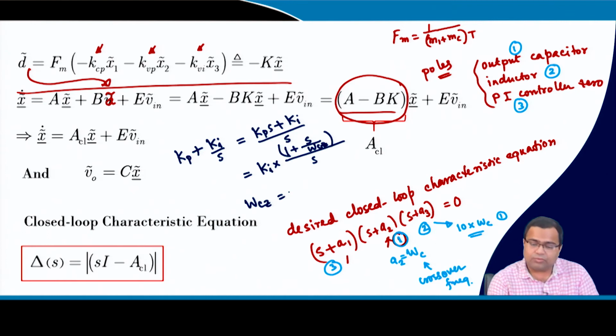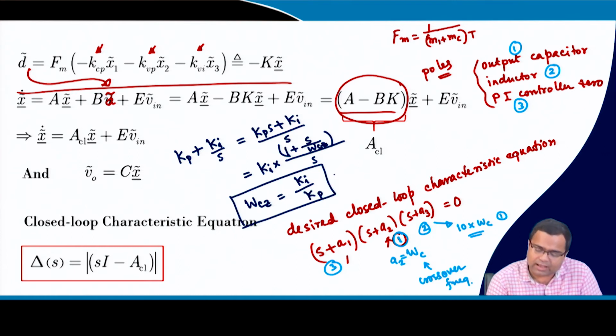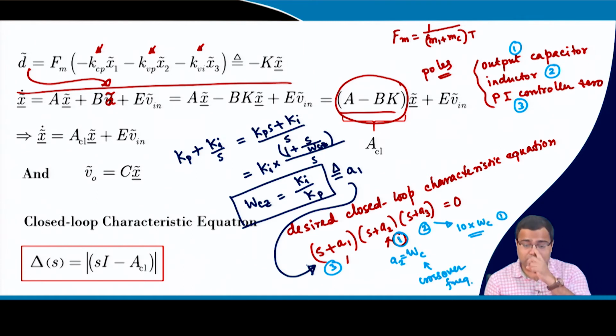Because we are taking Ki by Kp, which I have called here A1. So, if we choose Kp by Ki something, then we can place it.